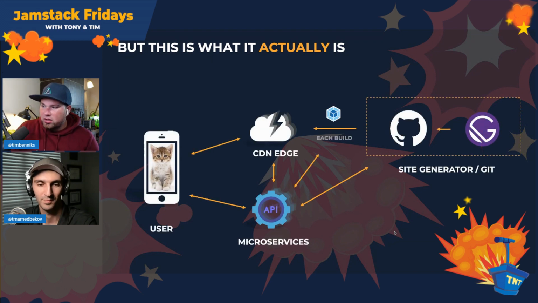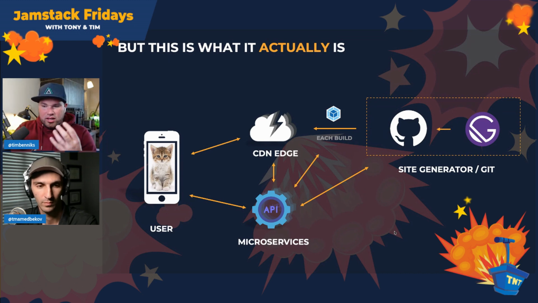So you have Gatsby, you have your Git, you have your build on Netlify, on the CDN, whatever. But there's also this microservices chunk. As you can see, there are three cogs there, signaling that there are multiple of those. So you have the client and the CDN edge, and then you have services.